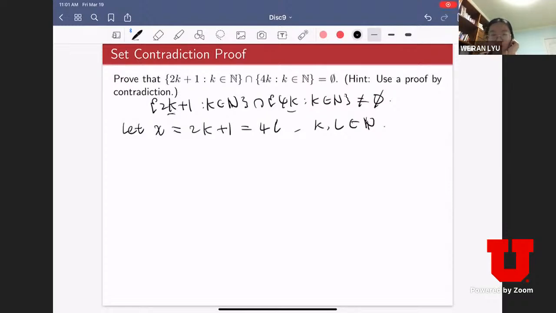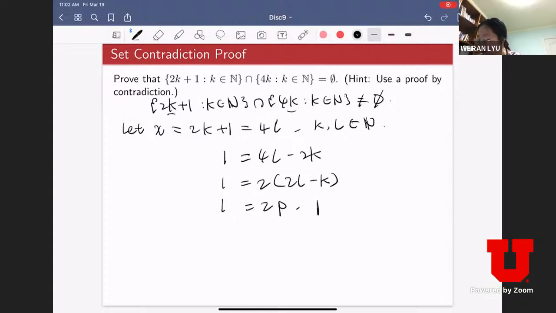If I just rearrange this, and then subtract 2k on both sides, I have 4l minus 2k, and if I take out the 2, that's 2(2l minus k), and then by closure, that equals some other variable, let's say p, and then divide by 2 on both sides.